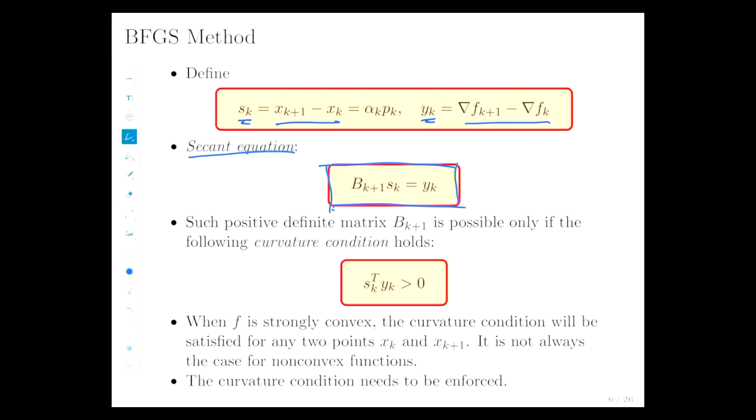I'm going to make a statement, and we go on a break. We come back to what this statement means. We say this: it is possible to find a positive definite matrix that satisfies this equality condition or equation only if the following curvature condition is satisfied.